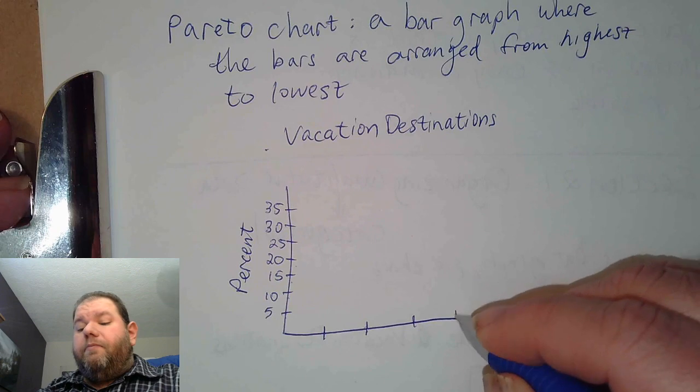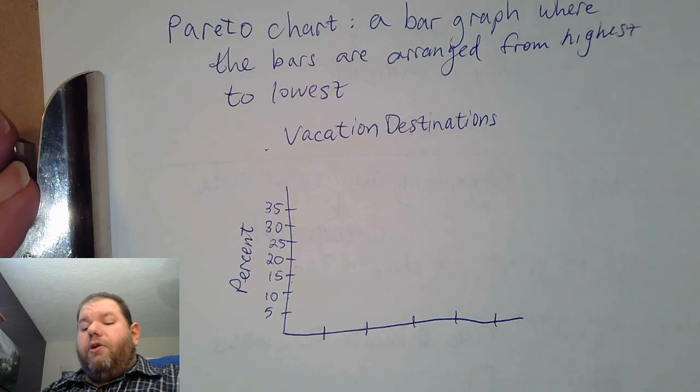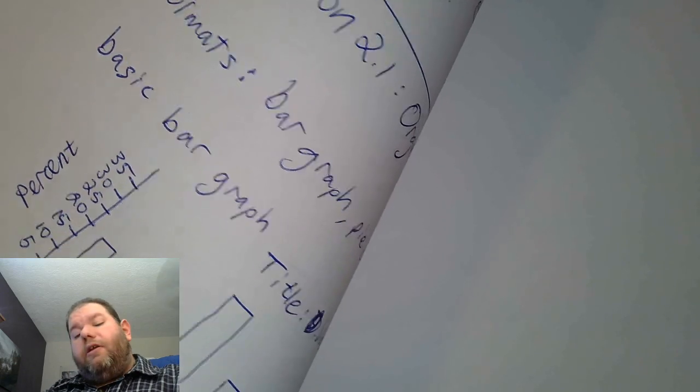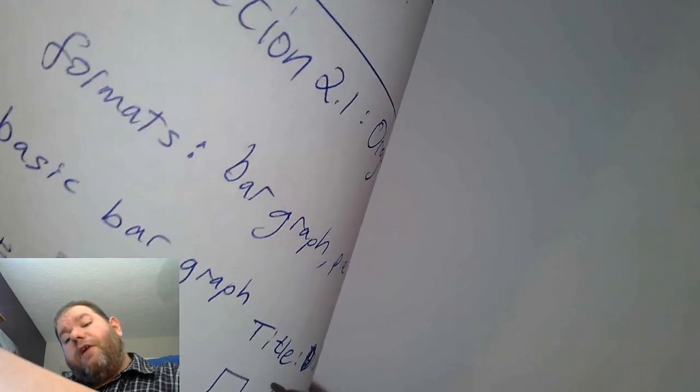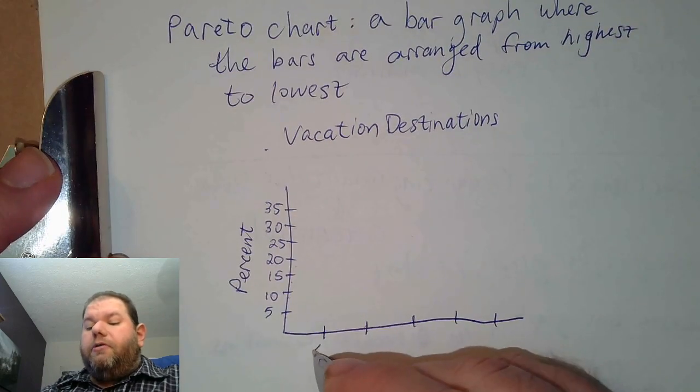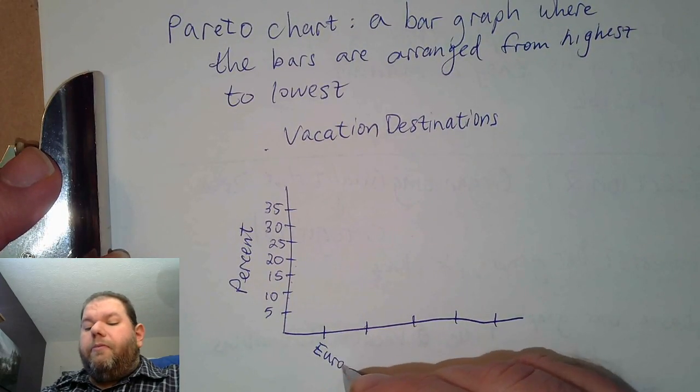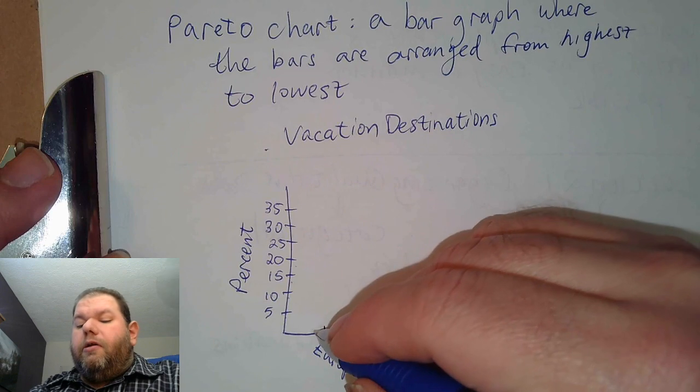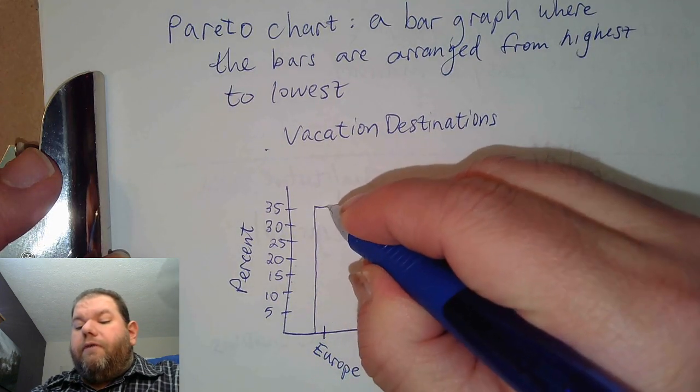So, now our categories, though, we want to rearrange so that the highest one is first. So in the graph that I created before, Europe had the largest bar, which went all the way up to 35%.